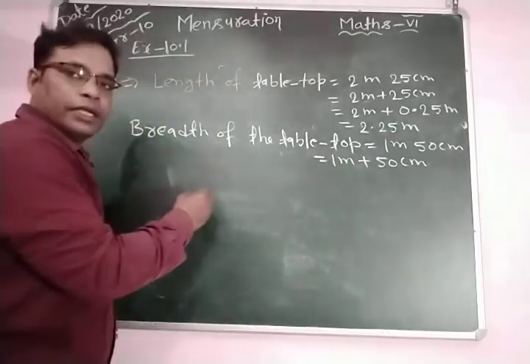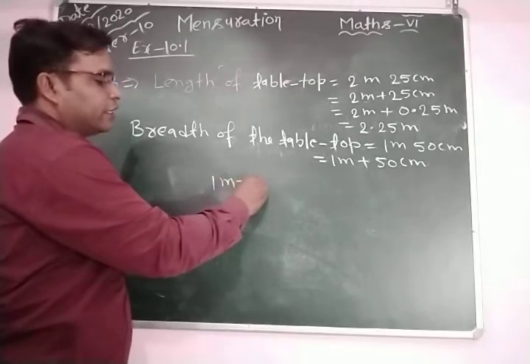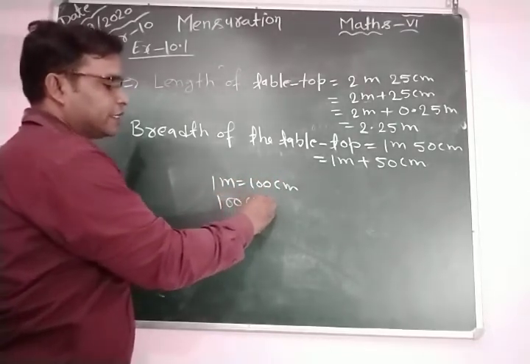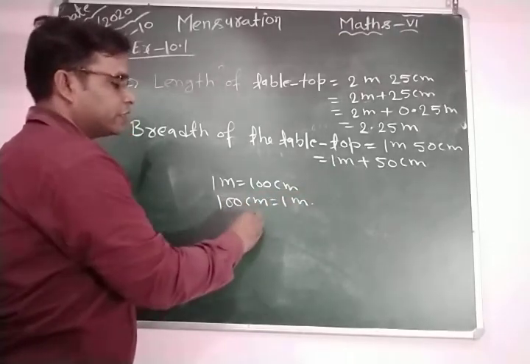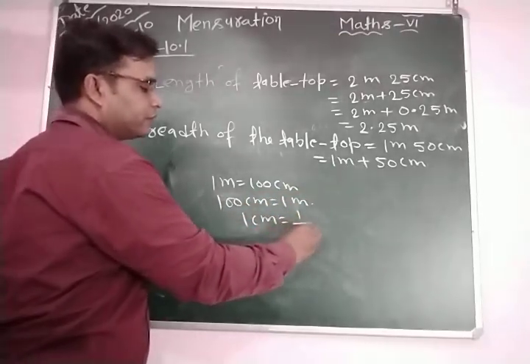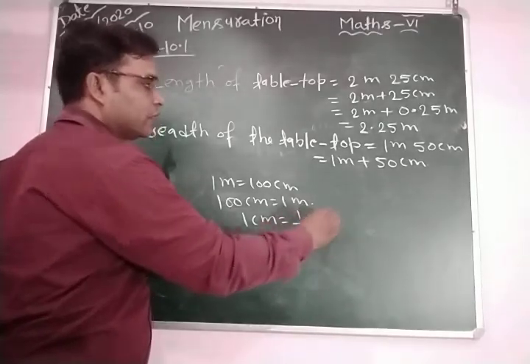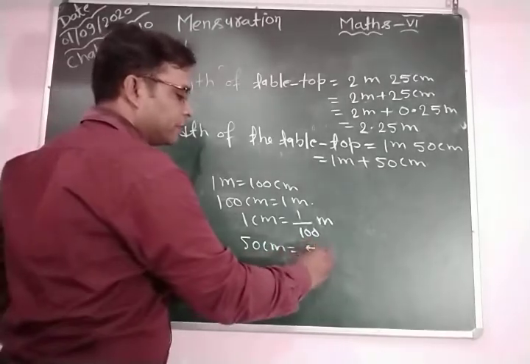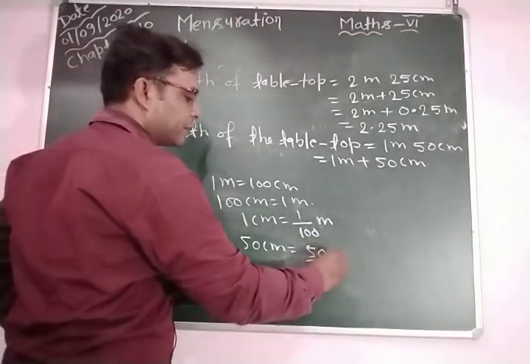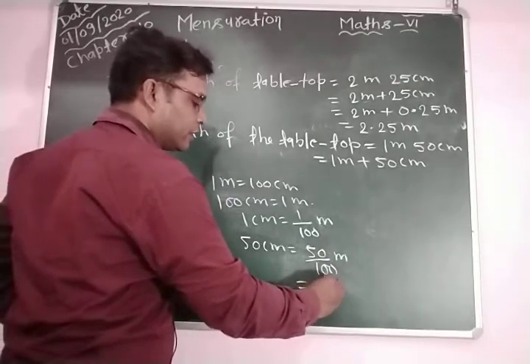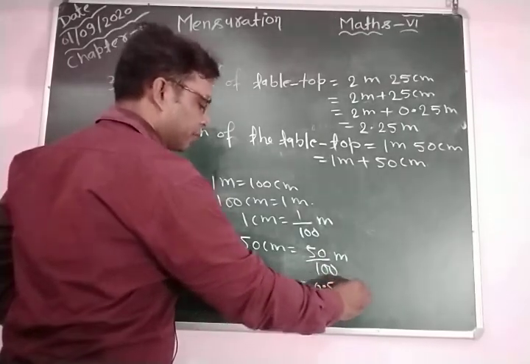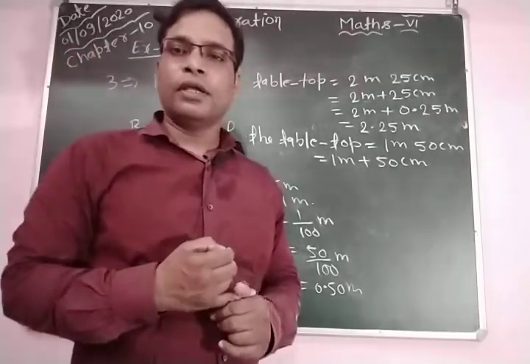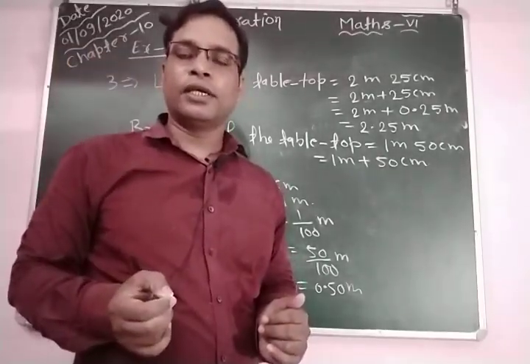Here we discussed that 1 meter is equal to 100 centimeter, and also 100 centimeter is equal to 1 meter, or 1 centimeter is equal to 1 by 100 meter. So we have 50 centimeter, so we can write 50 by 100 meter, and this is equal to 0.50 meters. So in place of 50 centimeter we can write 0.5 meters.